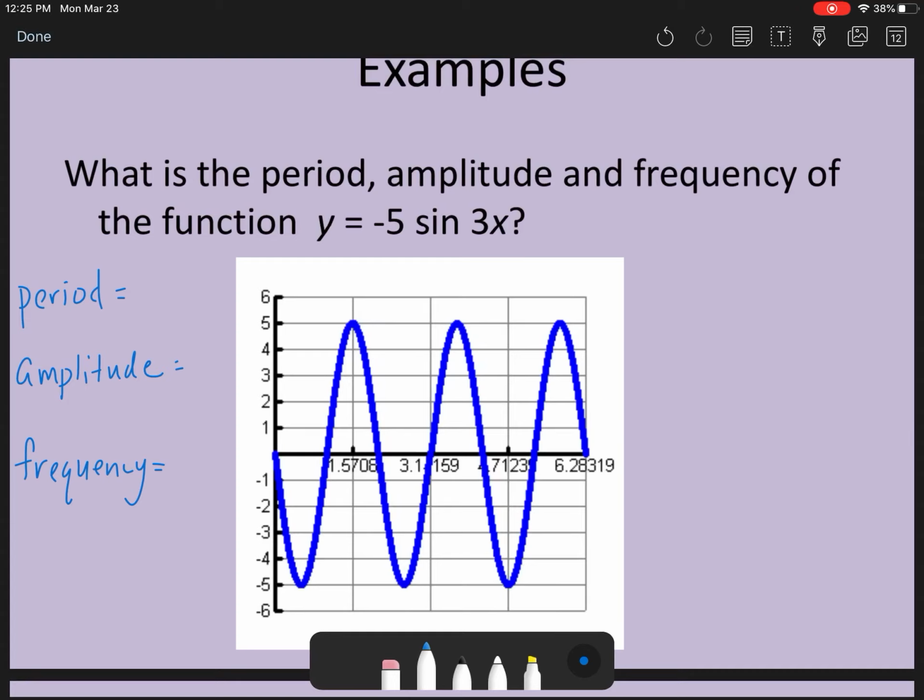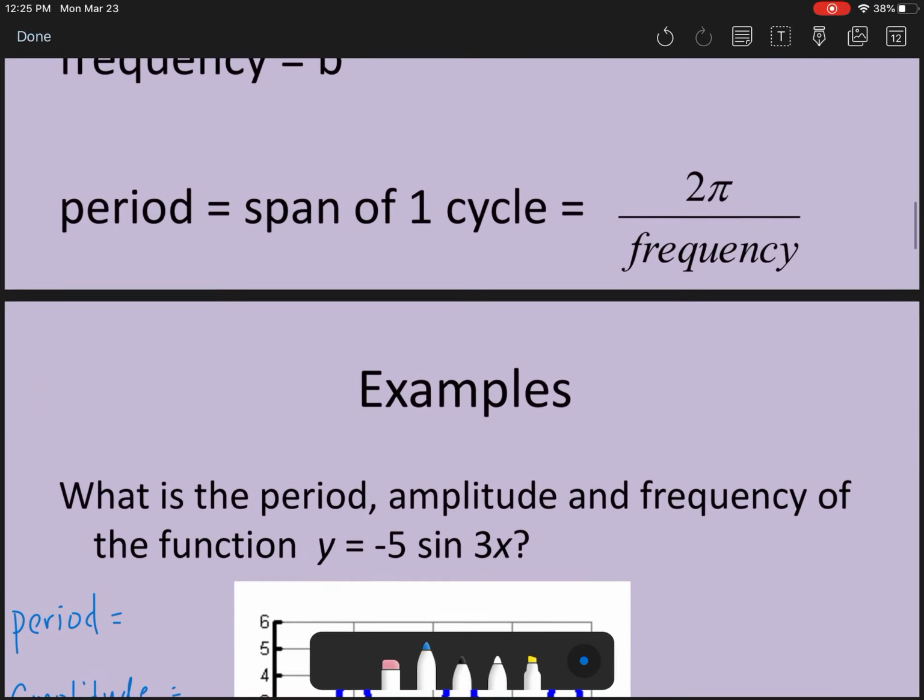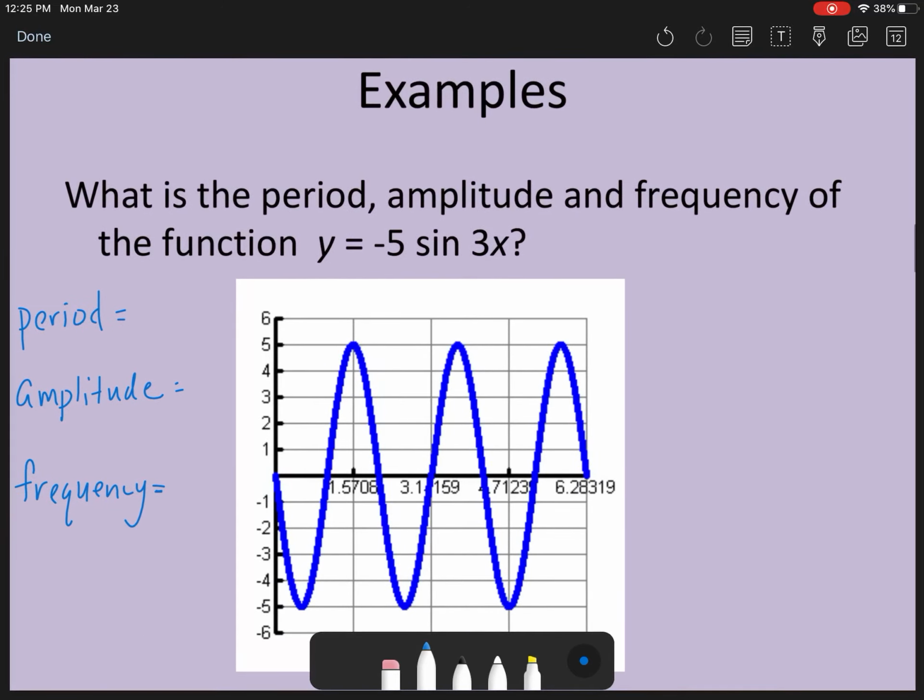Okay, so the period, what do we think the period is? Go back if you're not sure. 2 pi over frequency is how we get the period. Okay, 2 pi over the frequency.